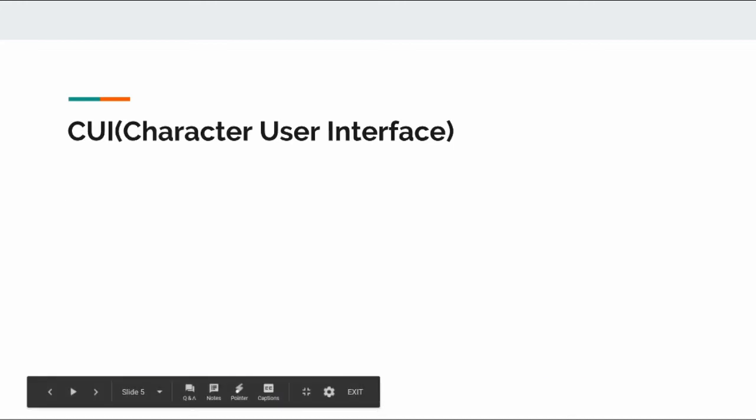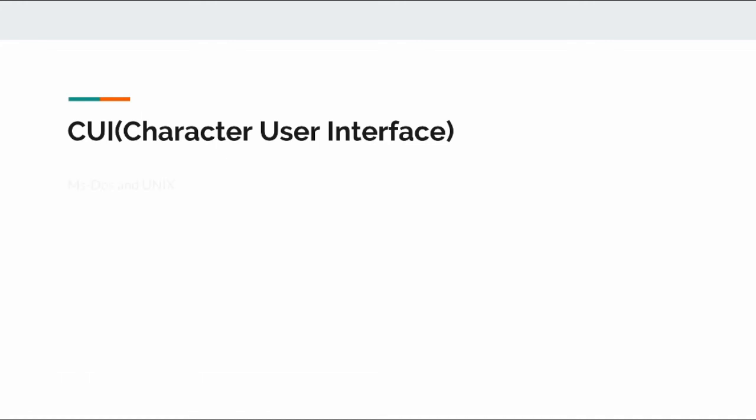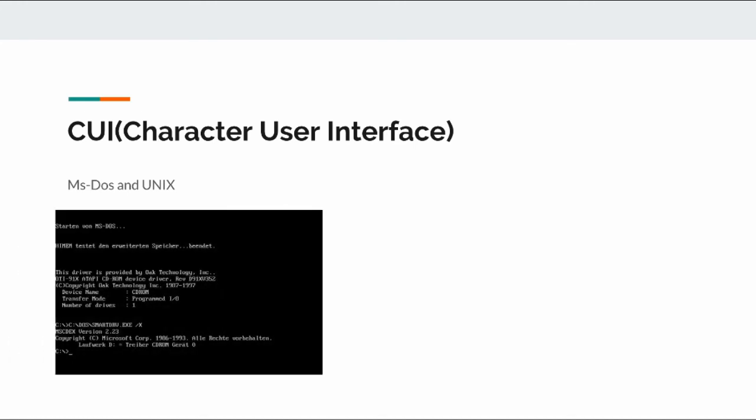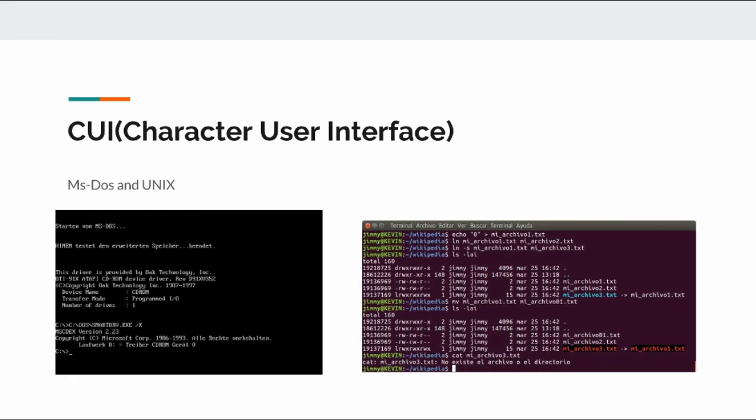Next is the CUI, meaning character user interface. The most popular examples are MS-DOS and Unix. MS-DOS makes you work by running commands. We can explain this by taking both together: GUI has icons, so we can use the mouse, clicking on them and using them.